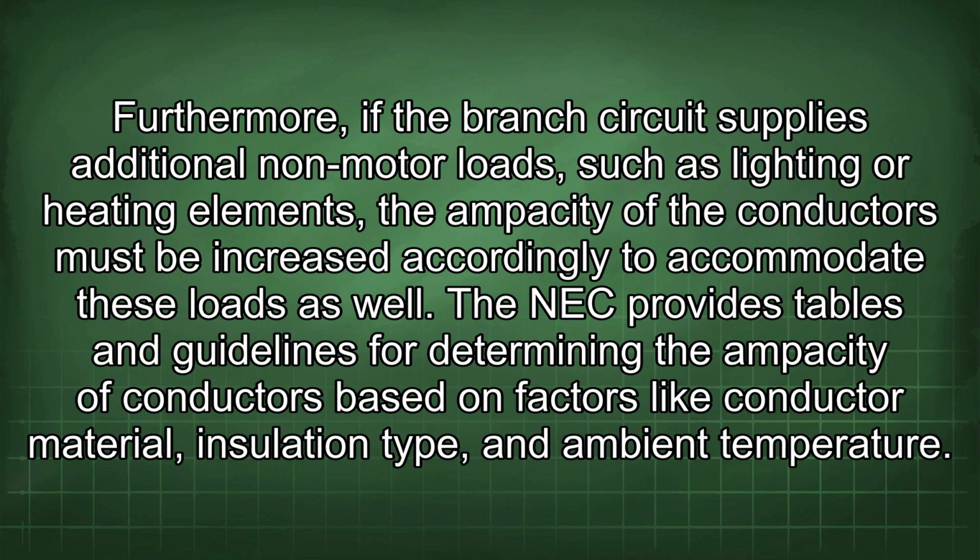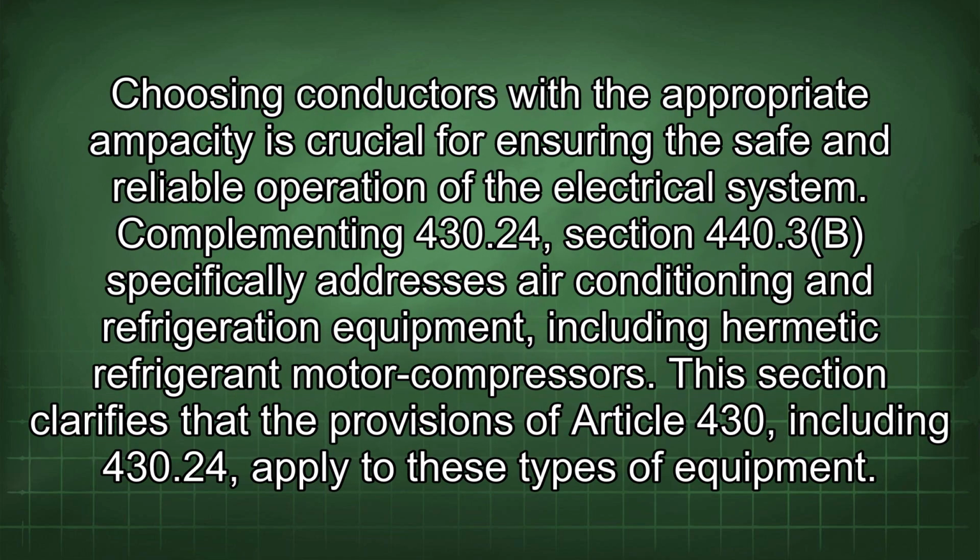Furthermore, if the branch circuit supplies additional non-motor loads, such as lighting or heating elements, the ampacity of the conductors must be increased accordingly to accommodate these loads as well. The NEC provides tables and guidelines for determining the ampacity of conductors based on factors like conductor material, insulation type, and ambient temperature. Choosing conductors with the appropriate ampacity is crucial for ensuring the safe and reliable operation of the electrical system.